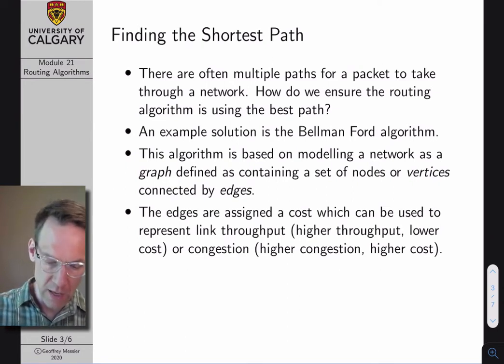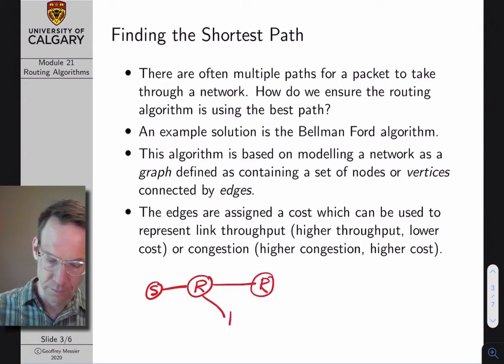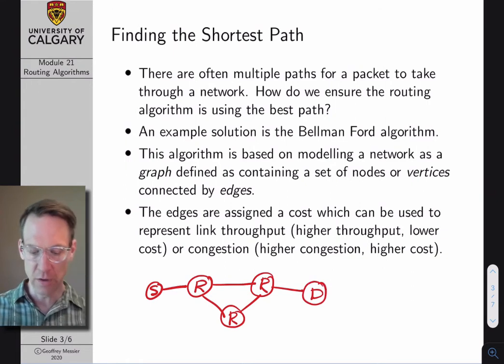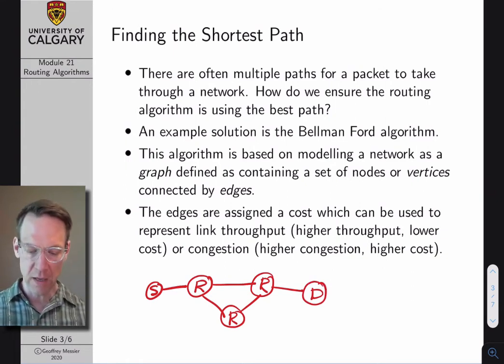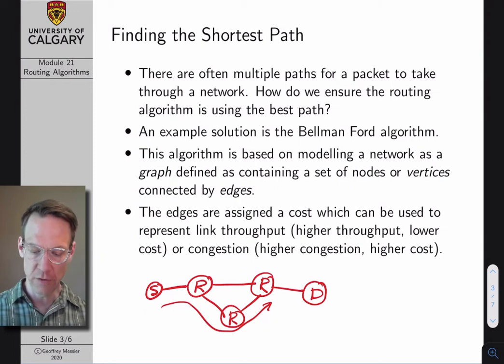So if we have a source node communicating with a series of routers, on its way to the destination, obviously the packet can either go this way or the packet can go this way to reach its destination.